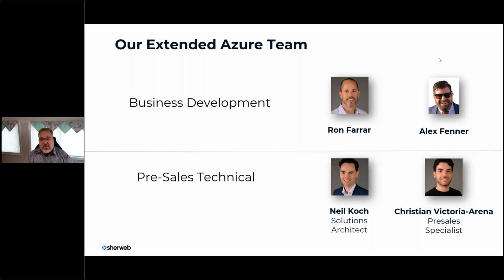If you've got questions, he's certainly very well educated around Microsoft Azure. He's been doing Azure for a number of years as well, and he does the pre-sales solutions. Neil and Christian are there to come alongside, answer questions, and help you with your customer find the opportunity.